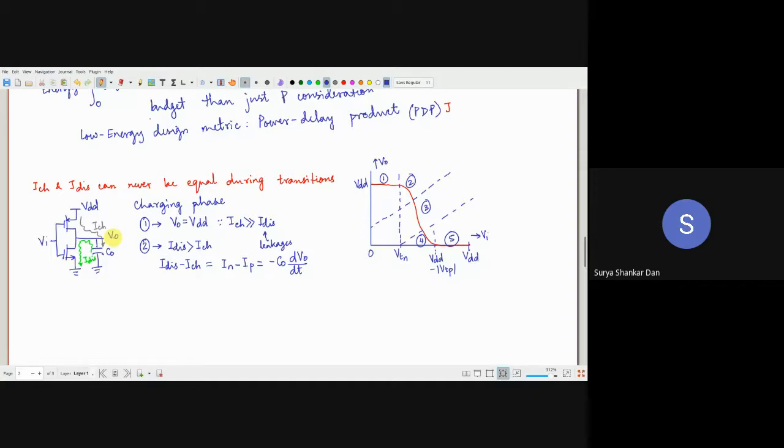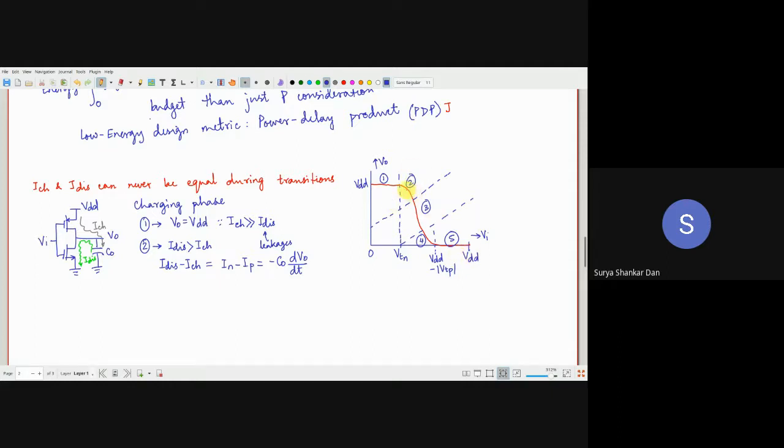Okay. Now, I made a statement that during the transitions, if IN equals IP, that is, if I charge and I discharge are the same, then as you can see from the equation IN minus IP, they will be equal to 0, right? So there will be no change in dVO/dt. That means there is no change in the output voltage with respect to time. Okay, so here, of course, this is a VTC.